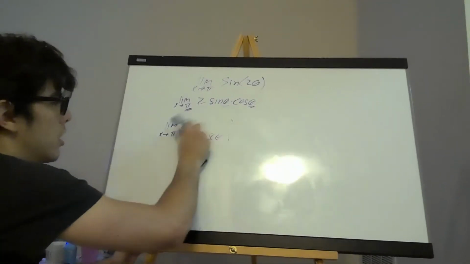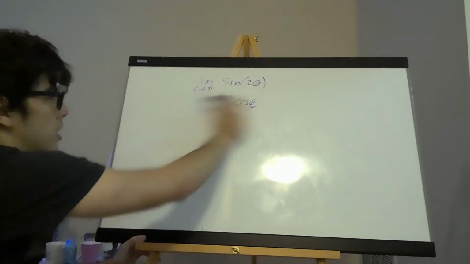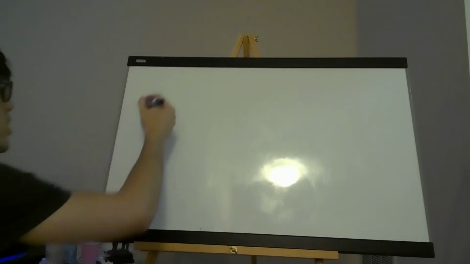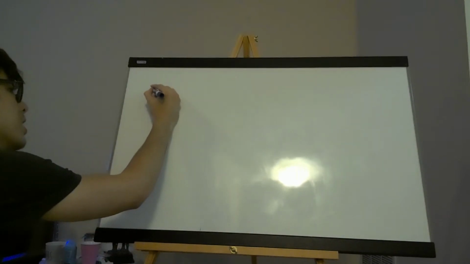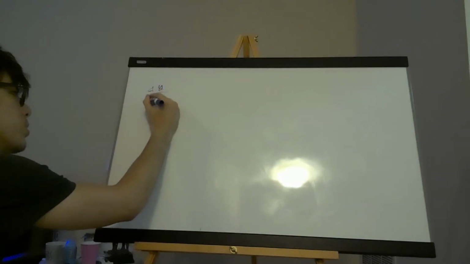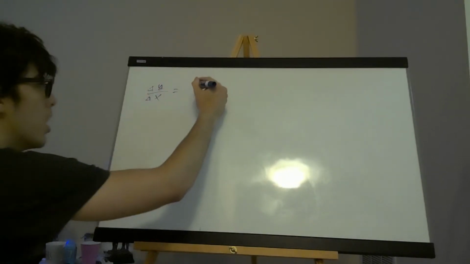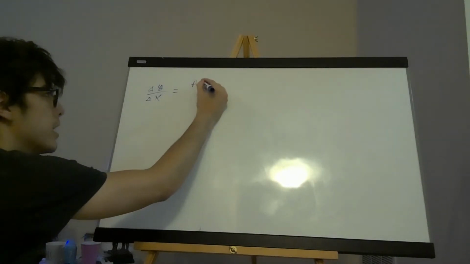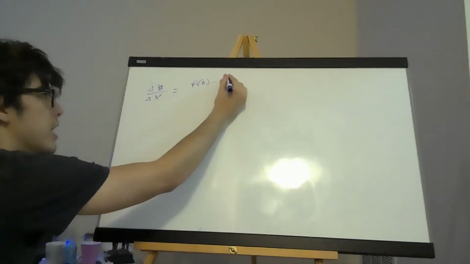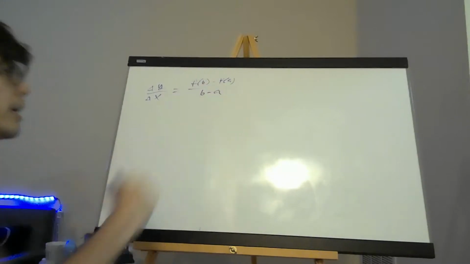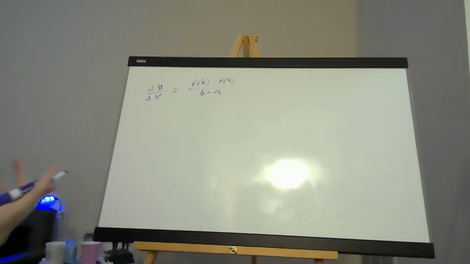Okay, so calculus, or at least the differentiation part, is based upon the concept of rate of change, which we would denote like this: change in y over change in x is equal to, for this, f of b minus f of a over b minus a, which you guys should remember pretty clearly.